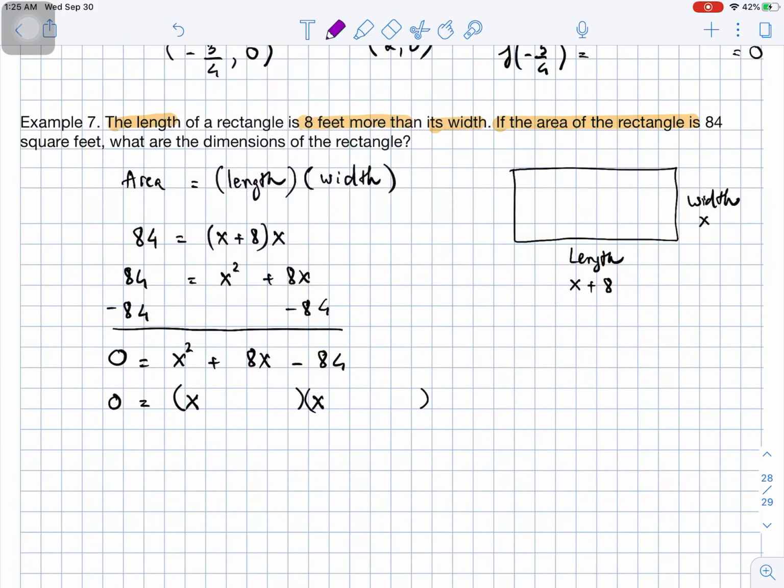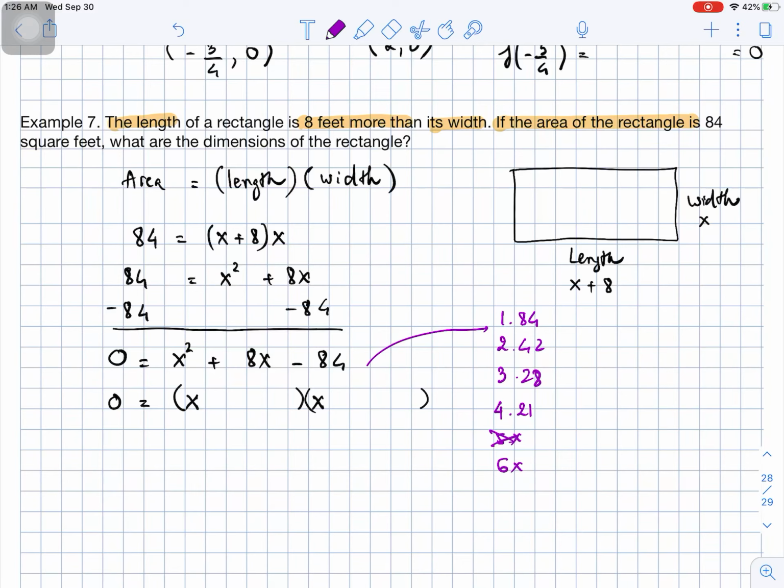We will factor the quadratic equation, the trinomial. So we do x and x. So now 84 is 1 times 84, 2 times 42, 3 goes into 84, so we divide 84 by 3, and we will get 28.